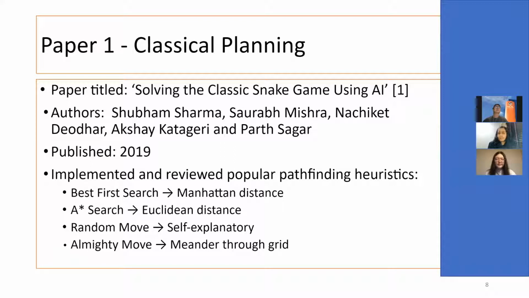So some of them are best first search, which uses minimizing Manhattan distance, A-star search, which uses Euclidean distance, random move, which is pretty much self-explanatory, and almighty move is something that sort of makes the snake move throughout the grid in a meandering fashion so that it ultimately reaches the fruit. It can be considered a longest path approach as well.